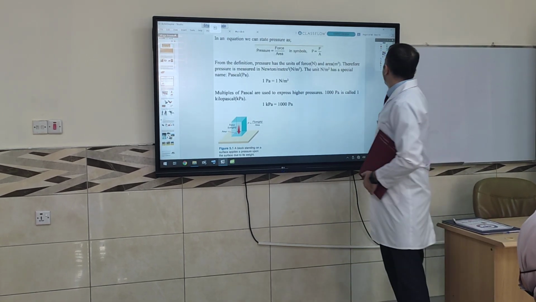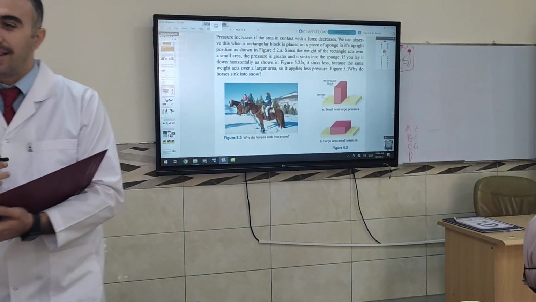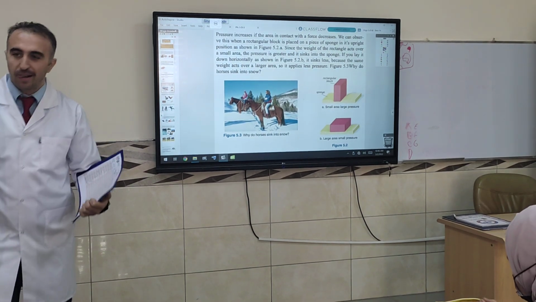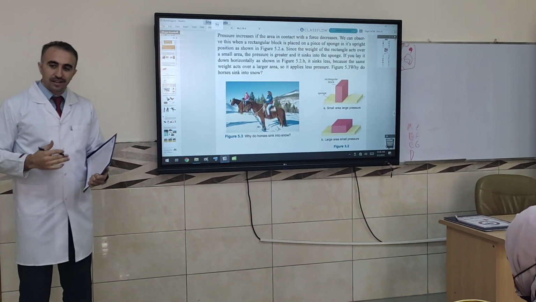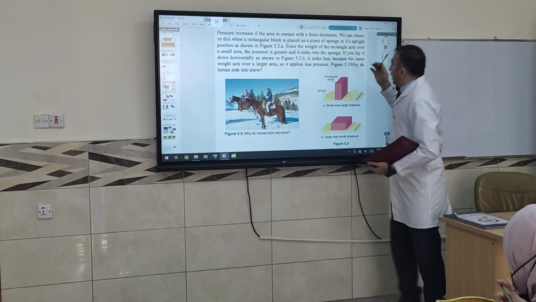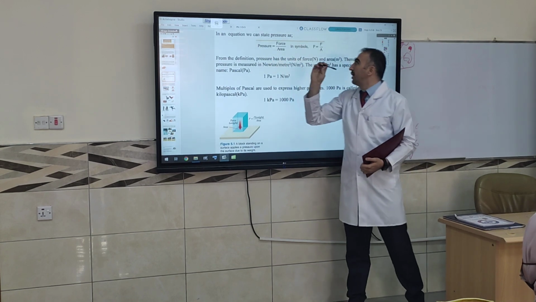What was the formula for the pressure? Yes, Raya? Pressure equals force over area. In symbols, P equals F over A. Well done. It was force over area.